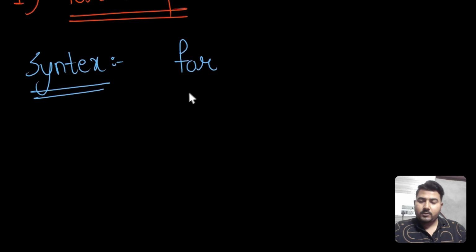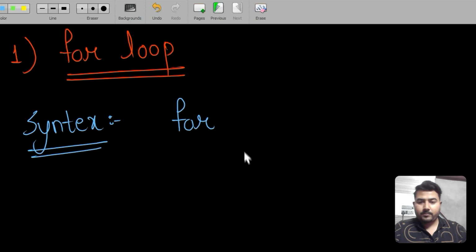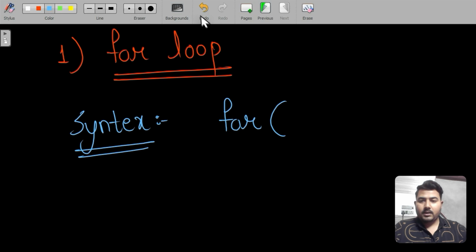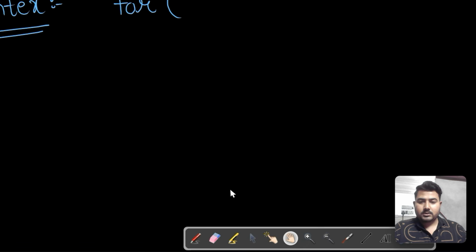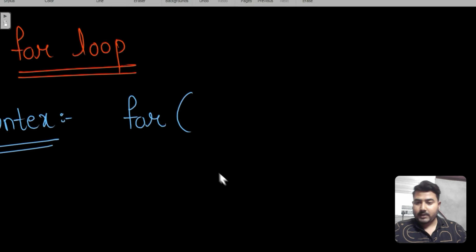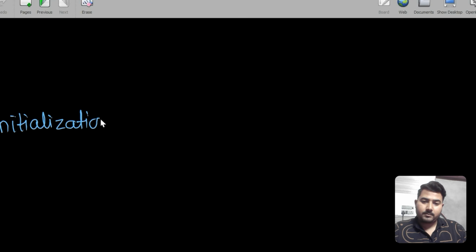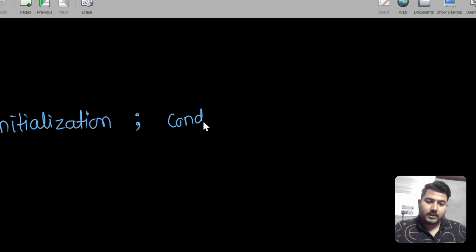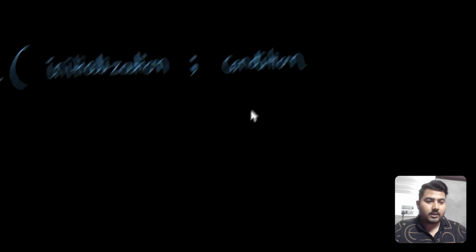You will simply have to mention the for keyword, and then in the parentheses, there are going to be three things which you have to place. First thing would be initialization of a variable. One variable we are going to initialize here. Then we have to place a semicolon, and then we have to place the stopping condition. Then when exactly it is going to stop.